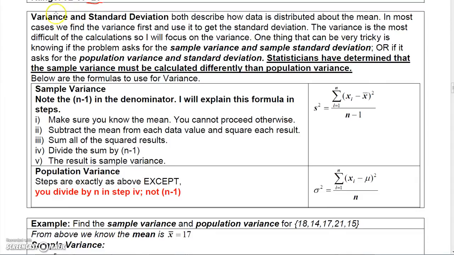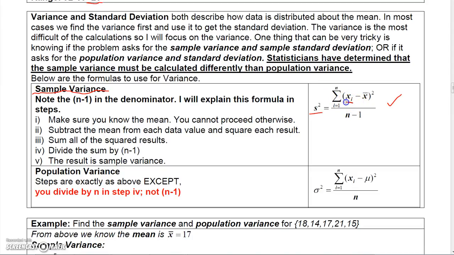So let's talk about how to find sample variance. I'm going to focus on sample variance because sample variance is generally what we're going to be looking for. Now, to find sample variance, here's the formula, but the formula can look a little complicated. S squared stands for sample variance, and this sigma means that we sum, but what is it we sum?